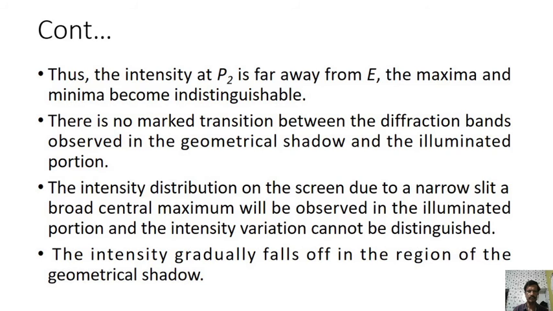In the intensity distribution on the screen due to a narrow slit, a broad central maximum will be observed in the illuminated portion, and the intensity variation cannot be distinguished. The intensity gradually falls off in the region of the geometrical shadow.